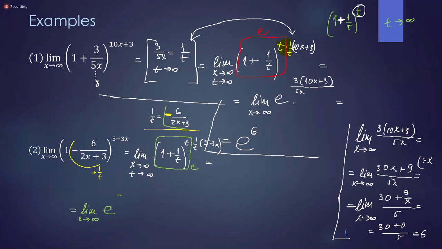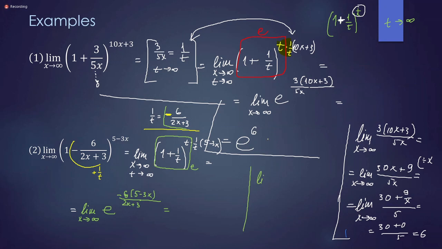Now, again, I can take separately the limit when x tends to infinity of this exponent. And that is minus 30 plus 18x divided by 2x plus 3. If we divide out the highest power, which is x, then we have minus 30 divided by x plus 18 divided by 2 plus 3 over x.